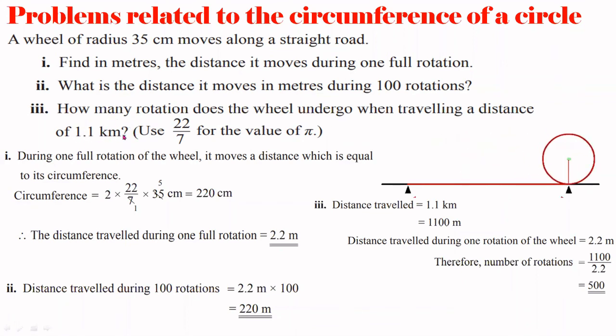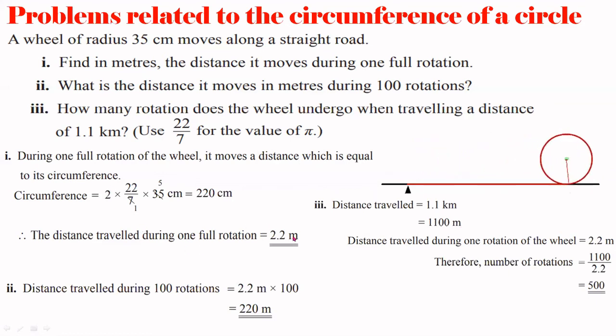Let's convert 1.1 kilometers into meters. 1 kilometer equals 1000 meters. So 1.1 multiplied by 1000 is 1100 meters.